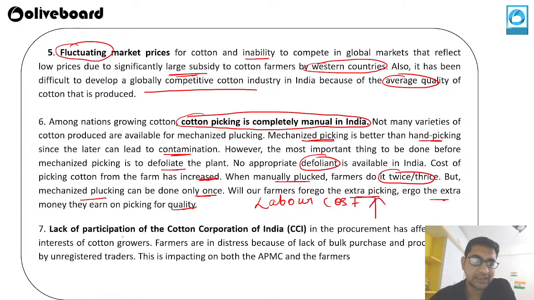There is also a lack of participation by the Cotton Corporation of India. The lack of cooperation in procurement has affected the interest of the cotton growers. Farmers are feeling very distressed because of the lack of bulk purchase and procurement, and because of unregistered traders, this is impacting both APMCs and the farmers.